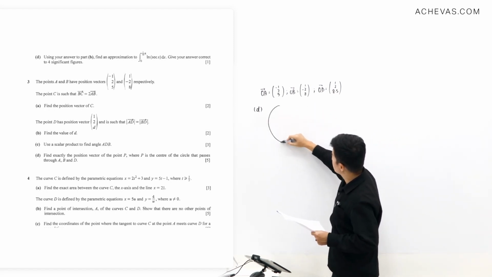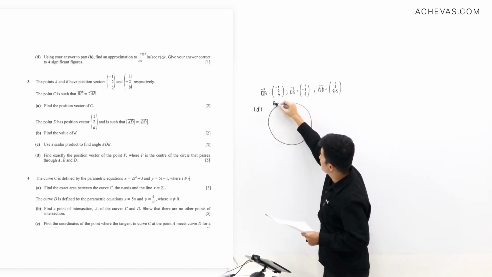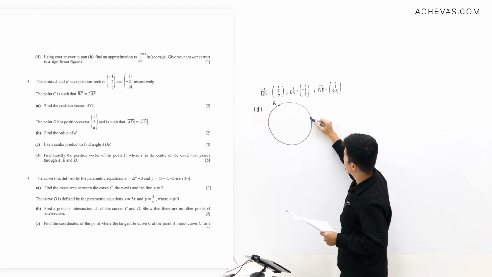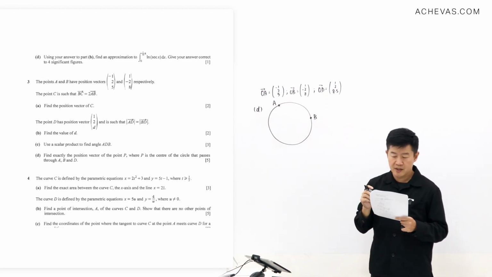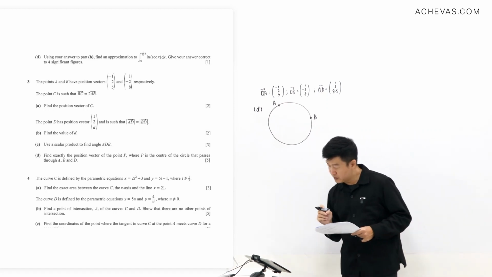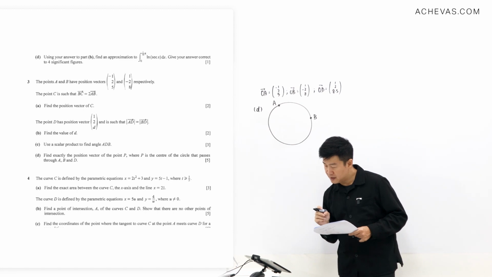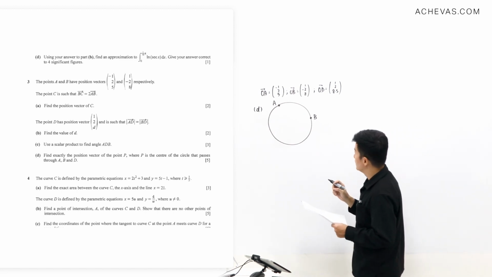So if I have the circle to be something that is like this, and let's say this is point A, and for example, here is point B. Point D will also be a point that lies on the circumference of this circle. And at the same time, according to what the question has briefed us in part B, we know that the distance AD is equal to the distance BD.